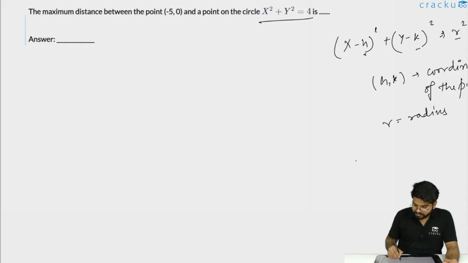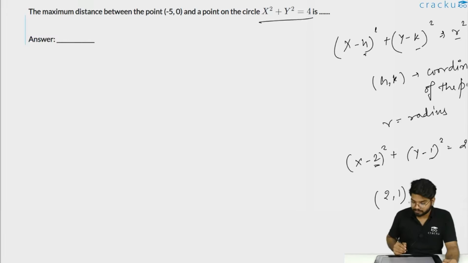For example, if I assume (x minus 2) squared plus (y minus 1) squared is equal to 25, h and k will be 2 and 1. So these are the coordinates of the center, and this 25 is nothing but 5 squared. So radius will be 5.